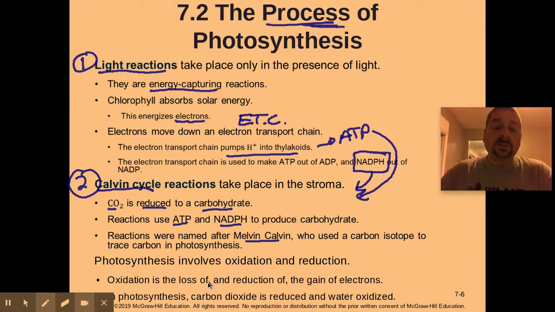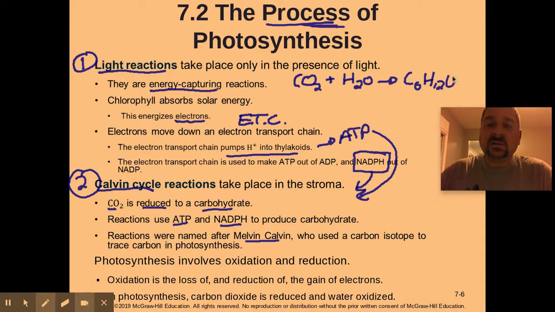If you go back to the formula, and I'll just very quickly simplify it, CO2 plus H2O, in the presence of light, makes C6H12O6 plus O2.